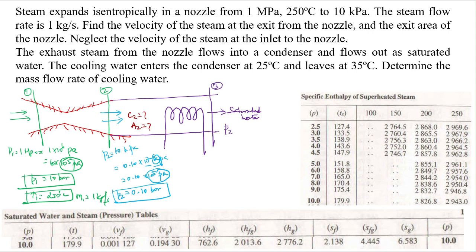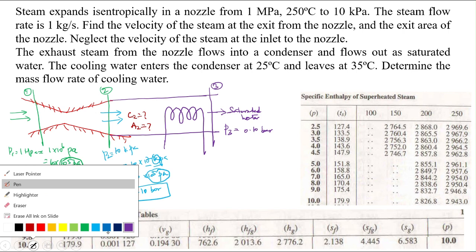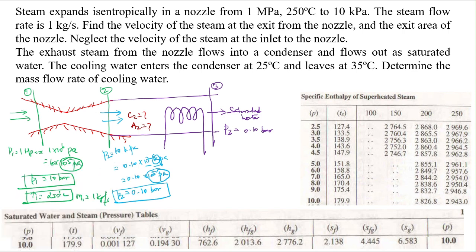So P3 is again 0.10 bar, because condensation takes place at constant pressure. The cooling water enters at 25 degrees Celsius and leaves at 35 degrees Celsius.